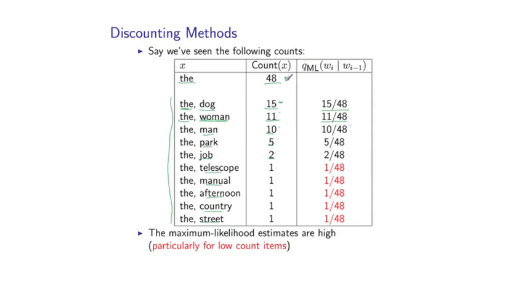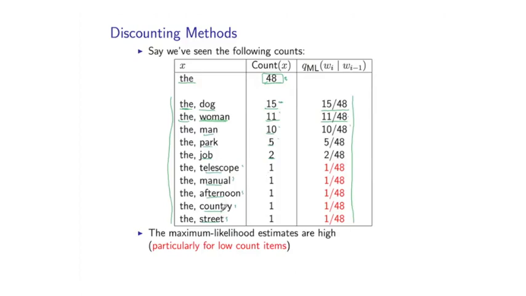Now, one thing to observe here is that, in general, these estimates are going to be systematically high, particularly in cases where we have a large vocabulary. Remember, we might have a few thousand or tens of thousands of possible words following the word "there", but we've only seen the word "there" 48 times, and so it's just a lucky few words which are actually seen after the word "there".